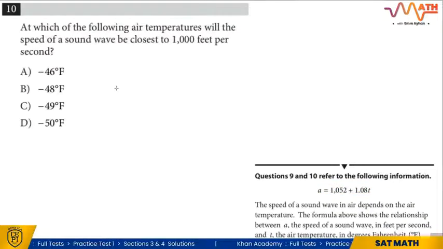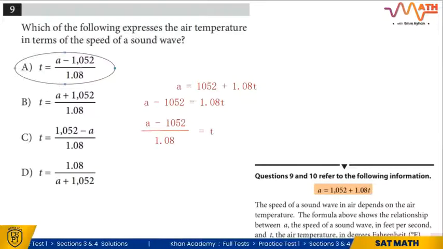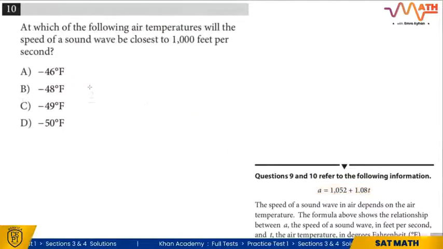At which of the following air temperatures is the speed of the sound wave closest to 1000? When we use the formula, we can use the previous question's result as a formula, because it asks about temperature here, right?